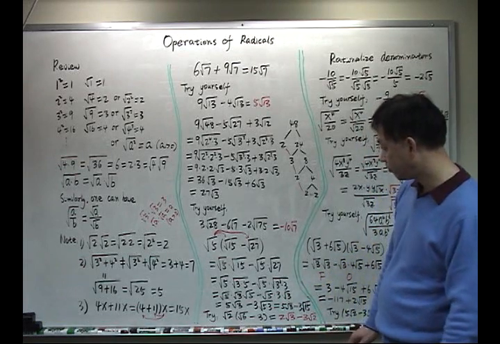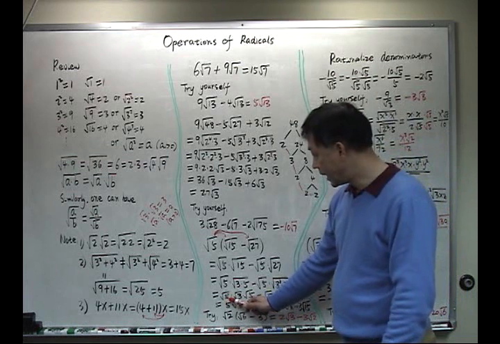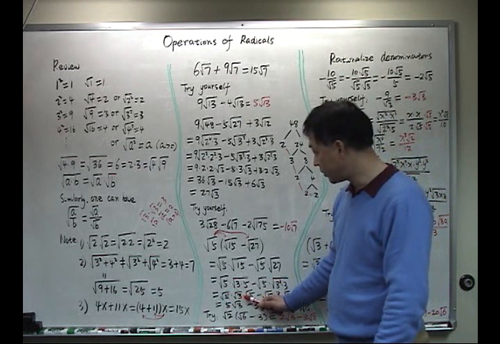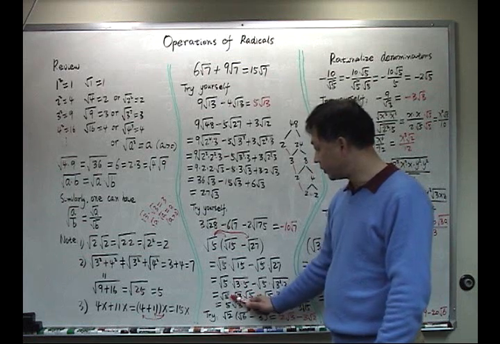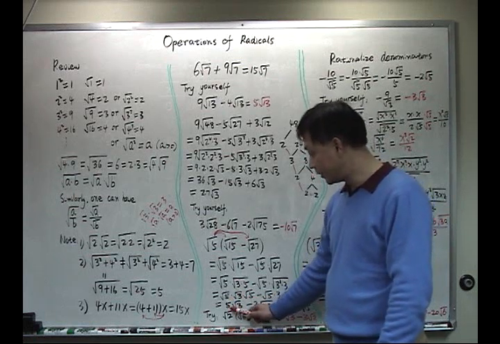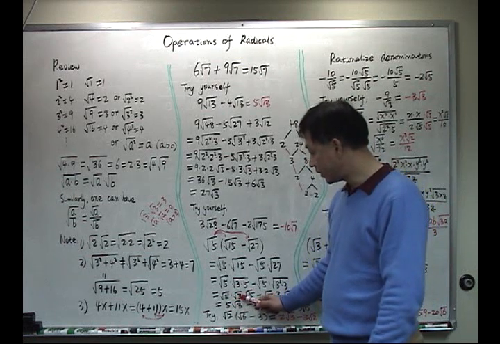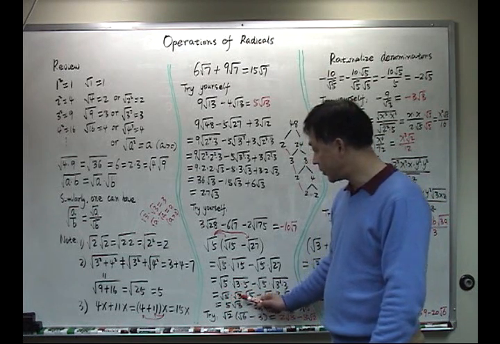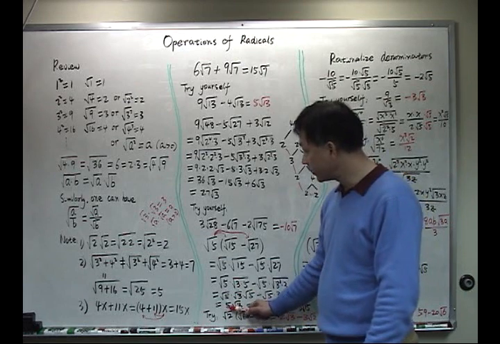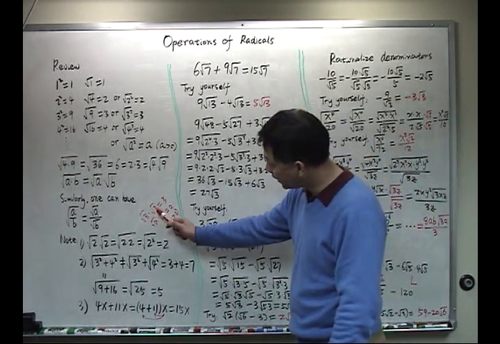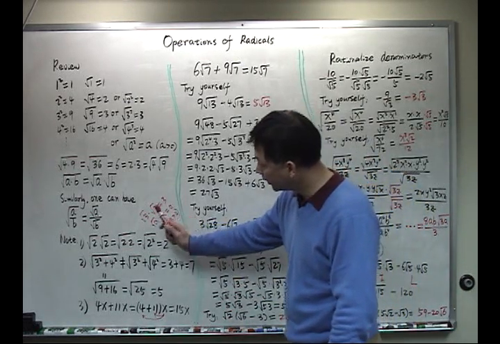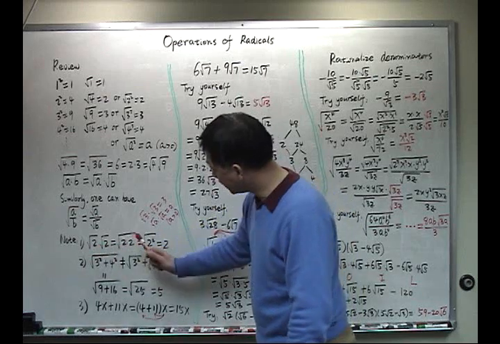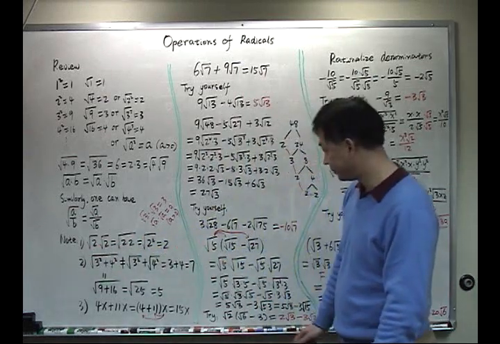Now, radical 5 times radical 3 times radical 5. We know radical 5 times radical 5 is 5, and then leave radical 3 here. Why is radical 5 times radical 5 equal to 5? You see, it's like radical 3 times radical 3 is 3, radical 2 times radical 2 is 2, the same reason.